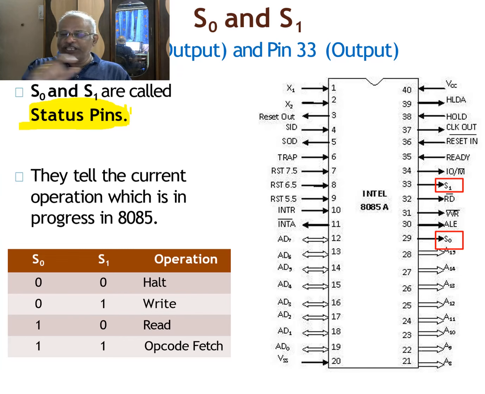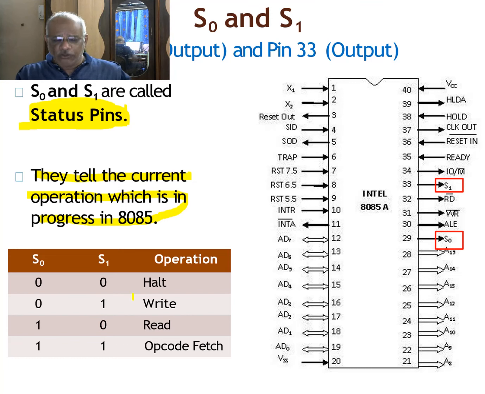See, you change your status when you go to a dam and you want to express that I am at the dam, I am enjoying. Similarly, microprocessor 8085 wants to communicate what it is doing to the other ICs, and for that it generates signals, and those signals are S0 and S1. They tell the current operation which is going on inside the microprocessor 8085.